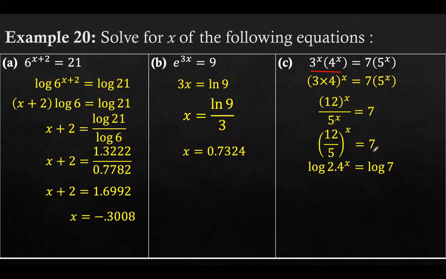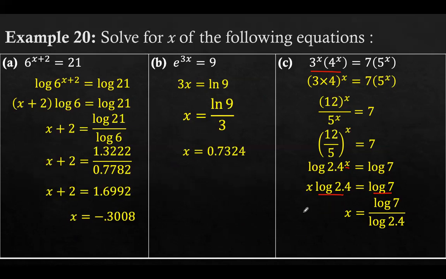Now bring the x to the front. So you get x log 2.4 equals log 7. Then how to get x? We divide both sides by log 2.4. So you get x equals log 7 over log 2.4.